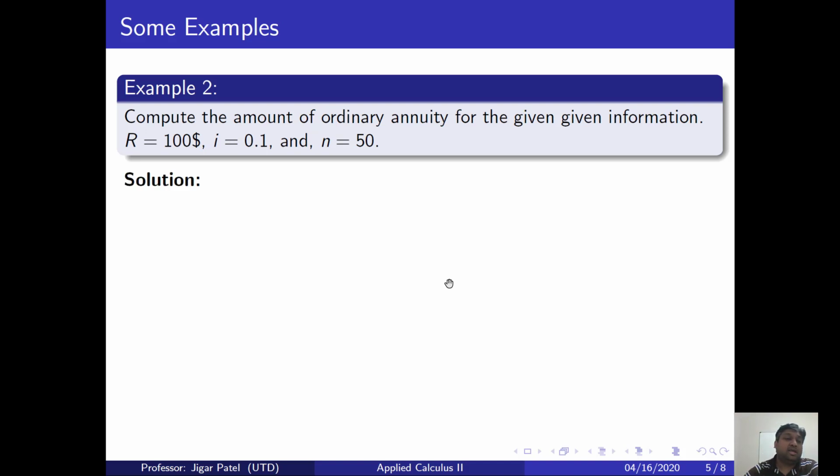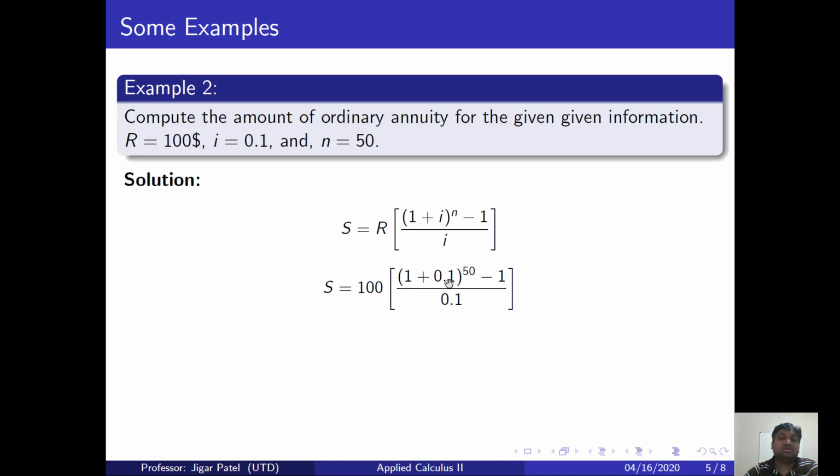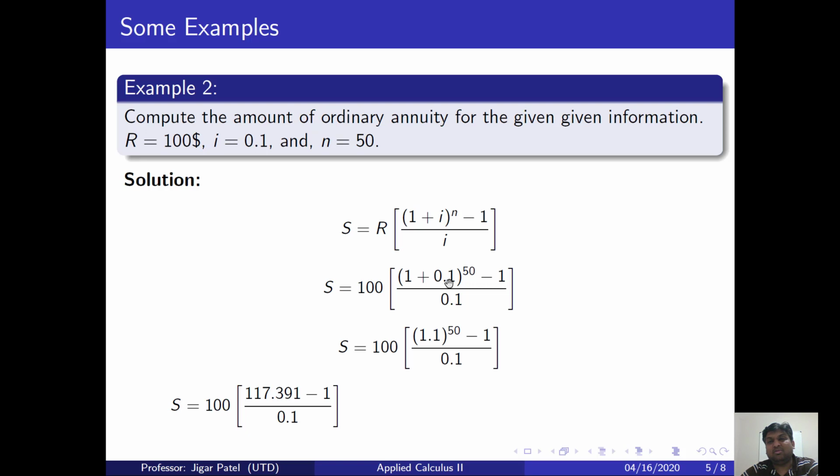Again, we are going to use the same formula, same computation, just the numbers are different. So 100 times (1 plus 0.1) to the 50 minus 1, over 0.1. If you simplify, you will realize that you will have to calculate the 50th power of 1.1. Calculate that power using your calculator.